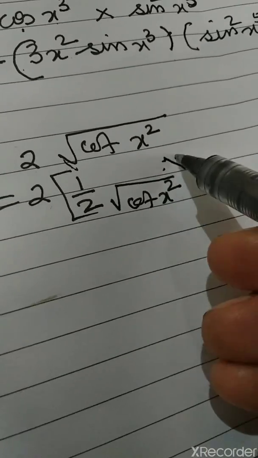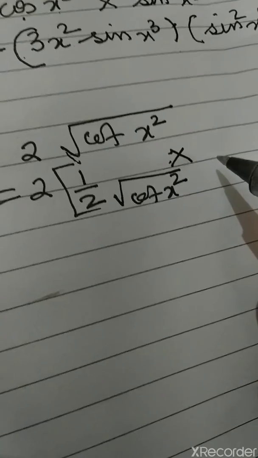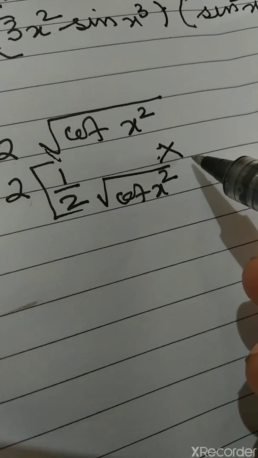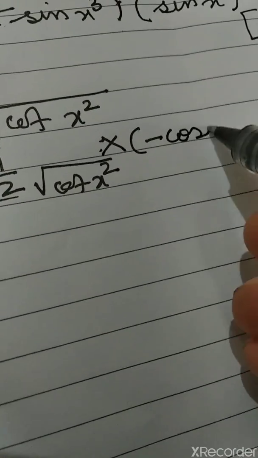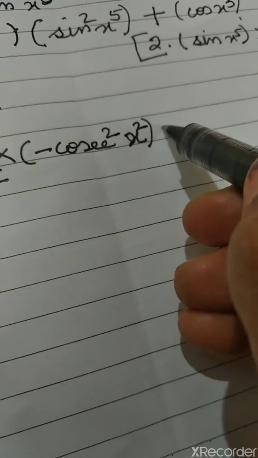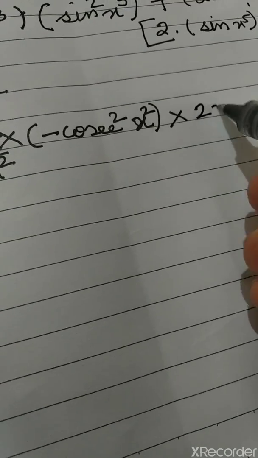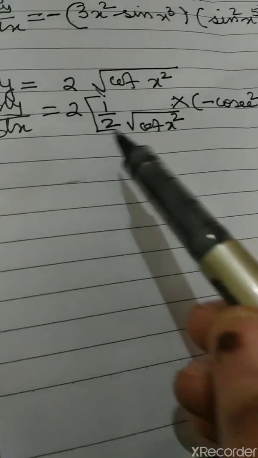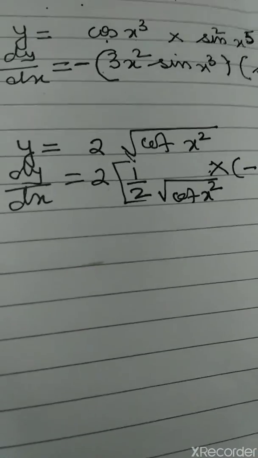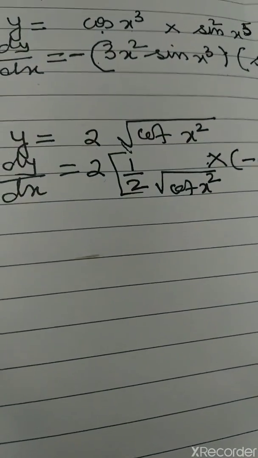The next function is the derivative of cot. The derivative of the cot function is minus cosec square of the expression. The next function that you're reading is x square, so the derivative of x square happens to be 2x. So this is how we differentiate the function y is equal to 2 under root cot of x square.